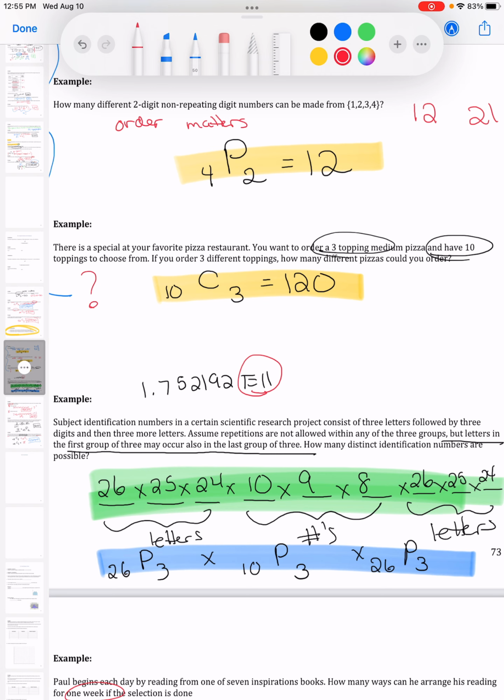So I'm going to move 11 spaces. 1, 2, 3, 4, 5, 6. And the rest are going to be zeros. 7, 8, 9, 10, 11. So my answer is going to have those 5 zeros at the end. Be that really big, huge number there.